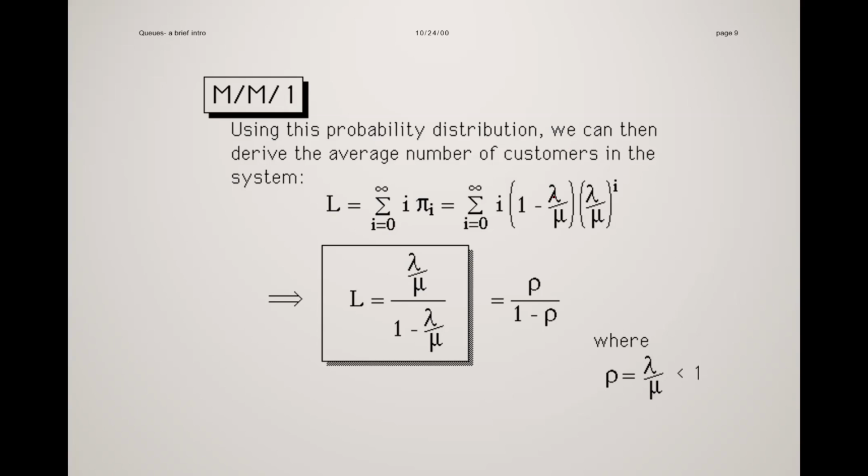And since you know that lambda over mu is less than 1, you can apply the geometric series. So you have L equals lambda over mu divided by 1 minus lambda over mu, or you can denote this as rho. And actually, the symbol rho here is the utilization factor.